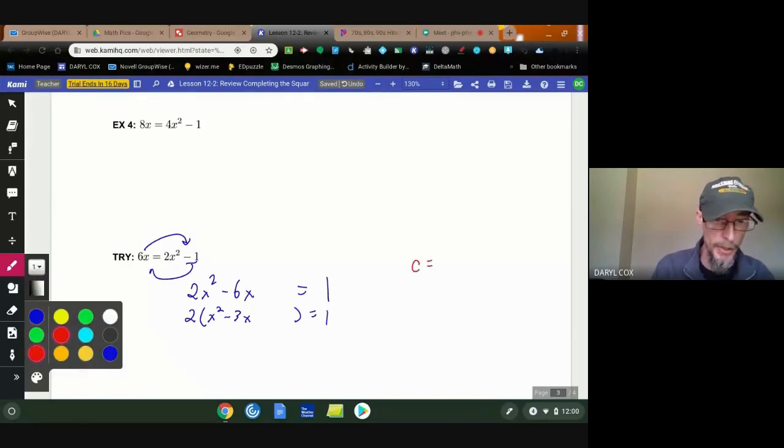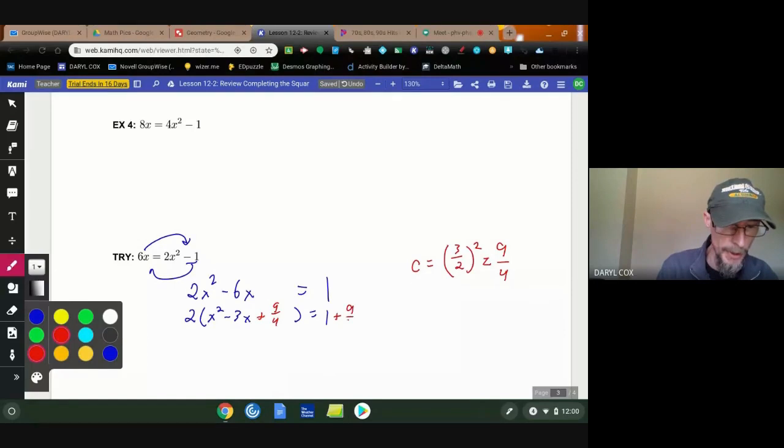My c term will equal 3 over 2 squared. 3 over 2 doesn't divide. So we just leave it as 3 over 2. And remember, whenever you square a fraction, you just square the numerator and square the denominator. So 9/4. So I'm adding 9/4 here. I'm adding 9/4 there.